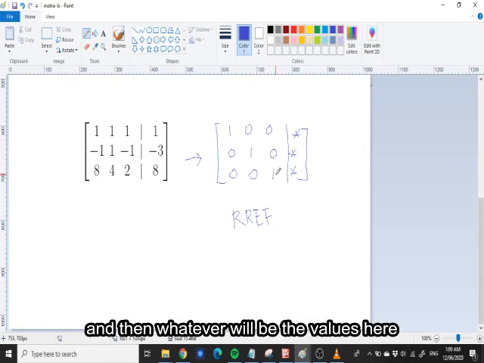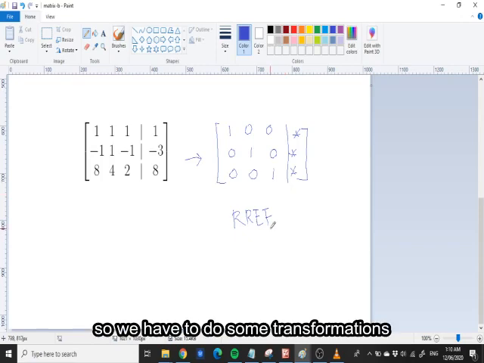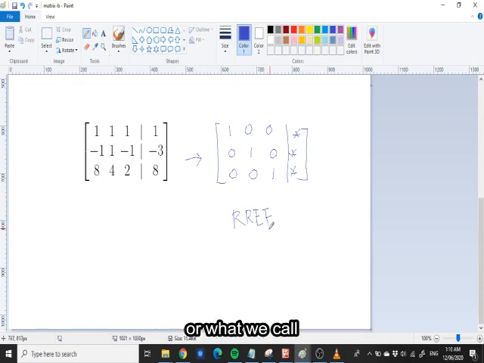Then whatever values are on the right will be the answers. This is what we call the reduced row echelon form. So we have to do some transformations, or what we call row operations, to transform this matrix into RREF, reduced row echelon form.